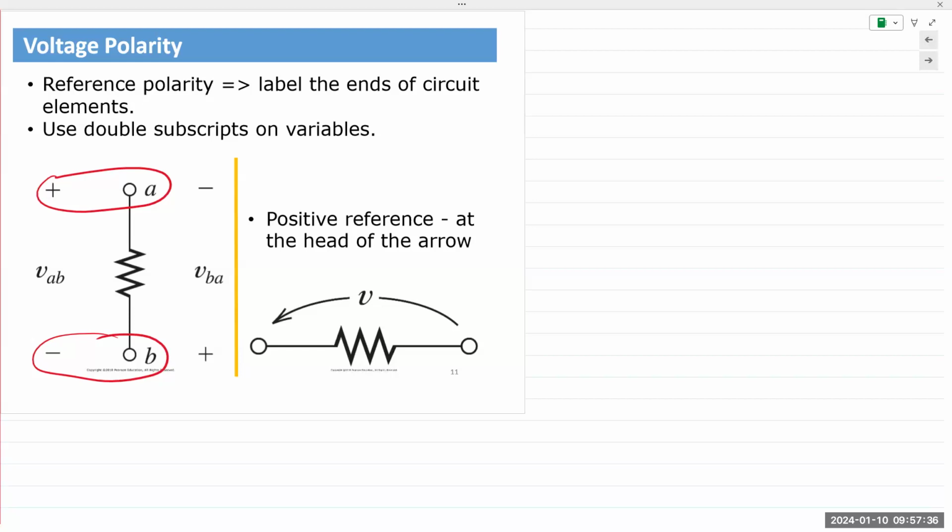But at the beginning of your solution, you don't really know and you don't really care. You simply assume a value and you assign a polarity to the voltage and you begin your calculations.